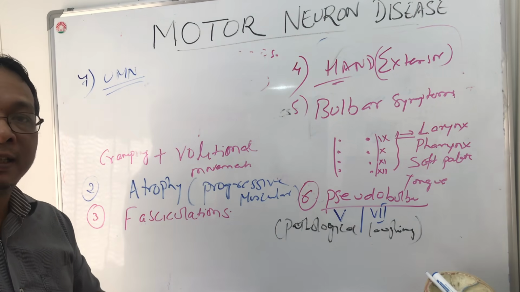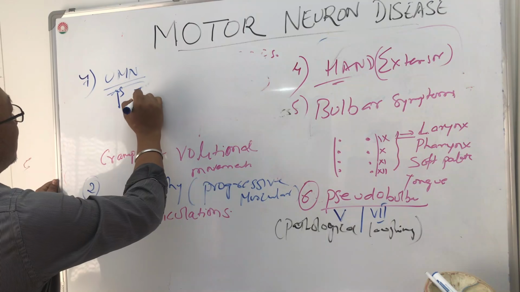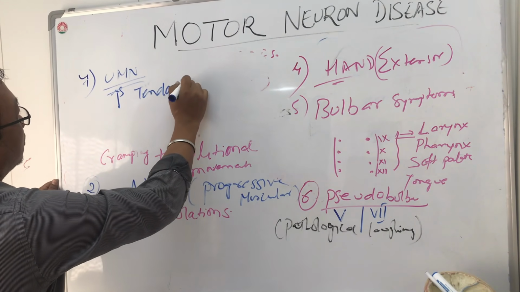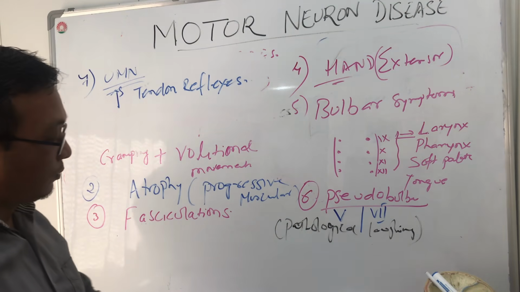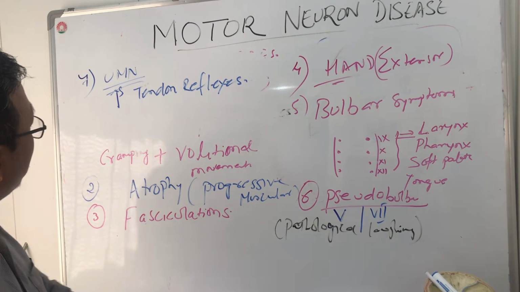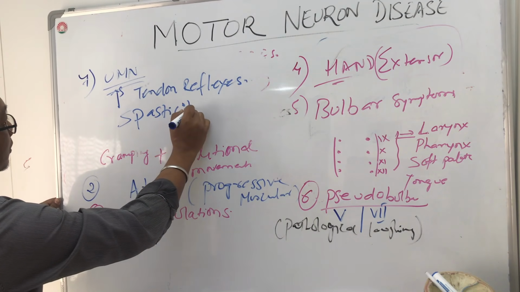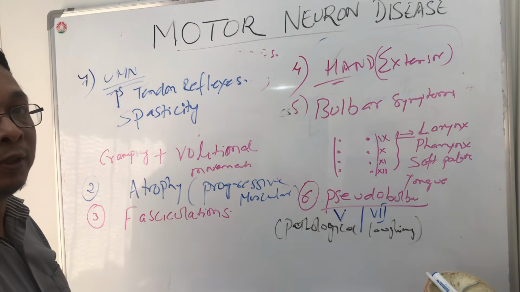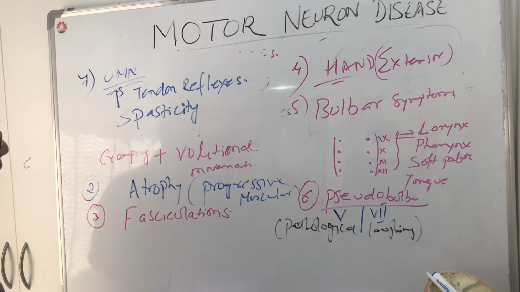They are the increased jerks, increased tendon reflexes. These are very commonly associated with upper motor neurons, and plus there is spasticity, which comes along with upper motor neuron type of paralysis. So these are the basic clinical features.